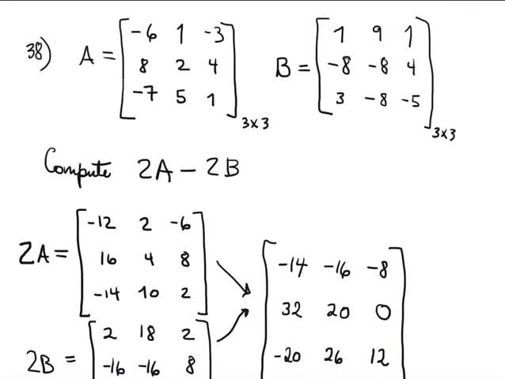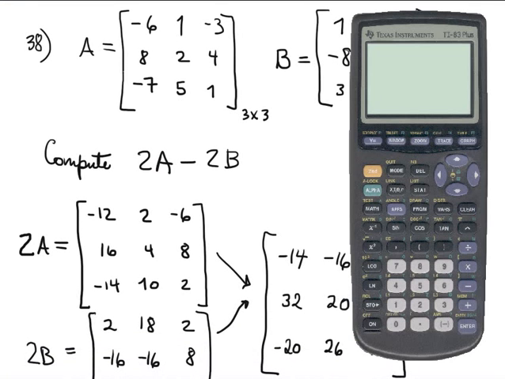Okay, now I want to do the same problem, but using the calculator. First is the matrix editor, second matrix editor. Matrix A is 3 by 3, and the entries are negative 6, 1, negative 3, 8, 2, 4, negative 7, 5, and 1.